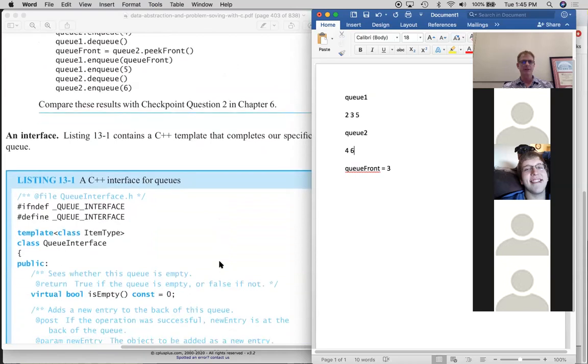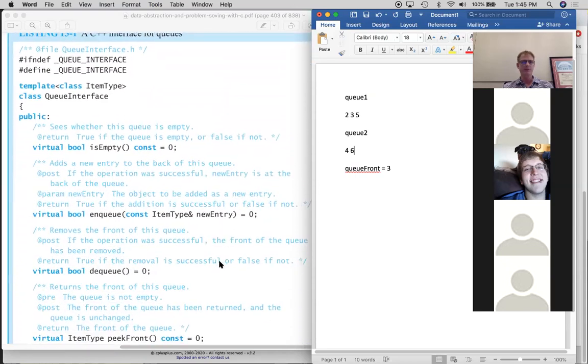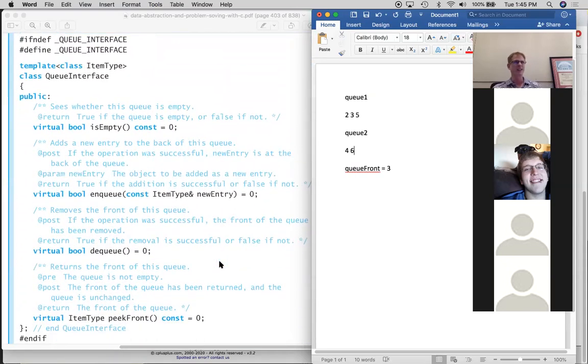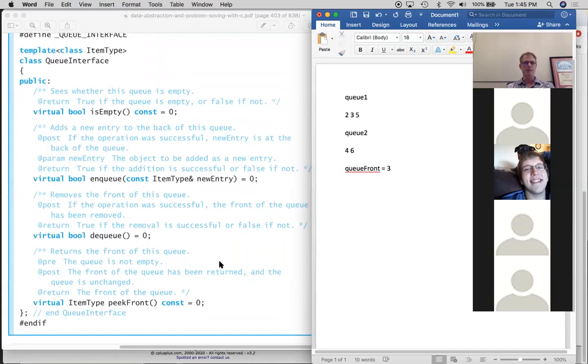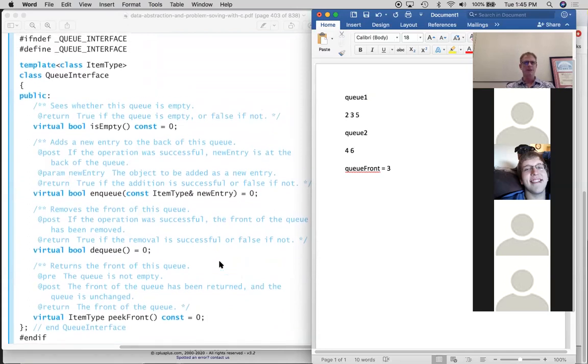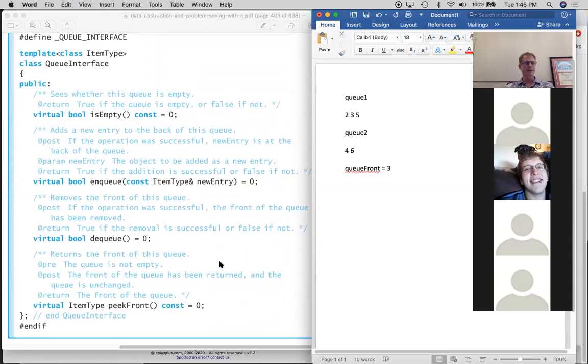So here's our interface for queues, just like we had an interface for bags and an interface for sets and an interface for stacks. And I think there was also an interface for lists, but we didn't really do much with it. And just as a digression, the reason we didn't do much with it is that the interface for a list is much less standardized than it is for a lot of these other ADTs.